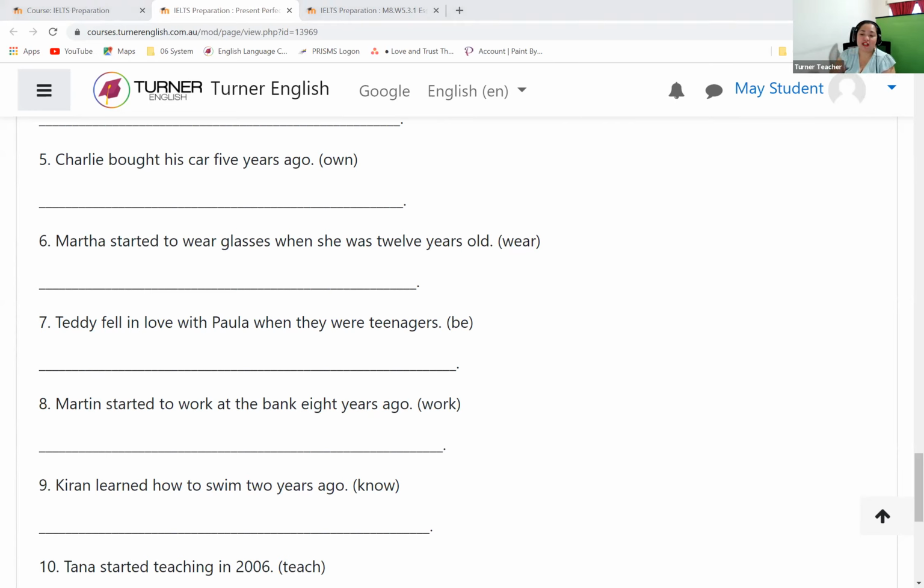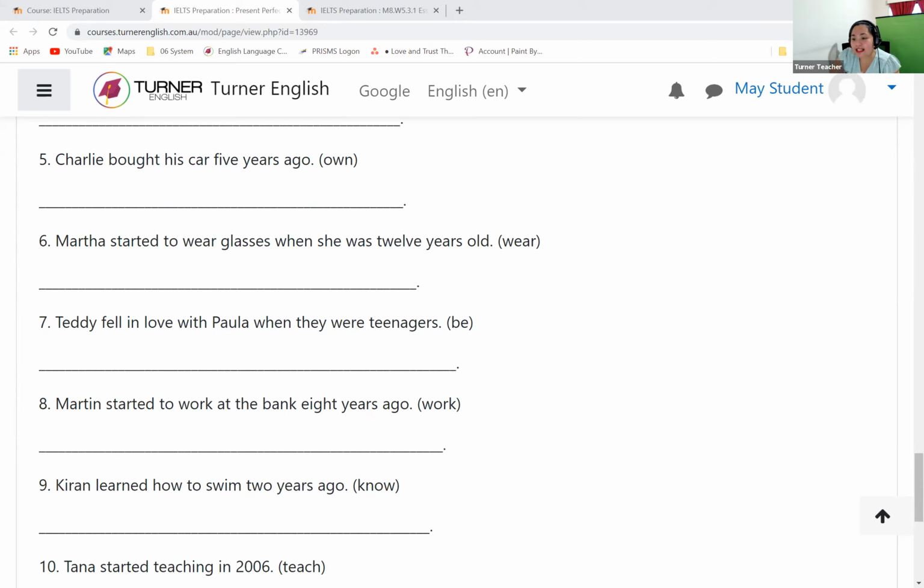It's not "to" plus infinitive, it should be gerund. Started wearing, if you want to use that. We don't say "Martha has started to wear glasses." We say "Martha has started wearing glasses." Yes, it has to be gerund, not "to" plus infinitive.